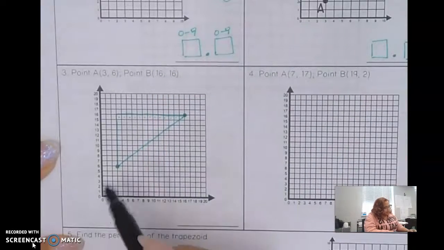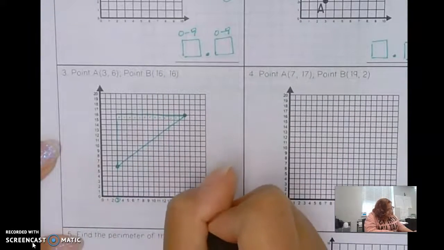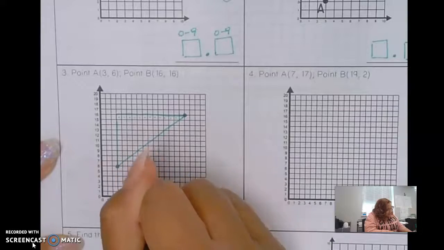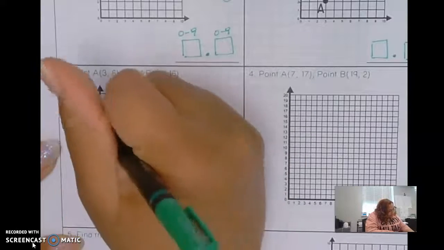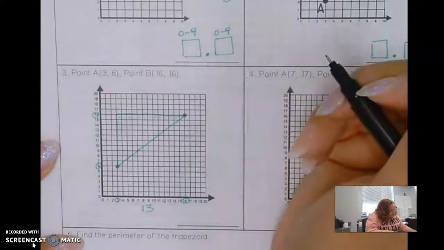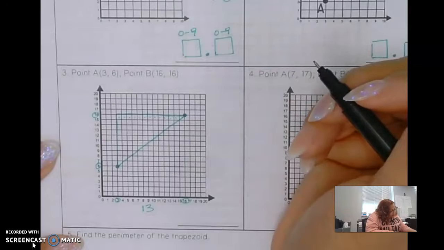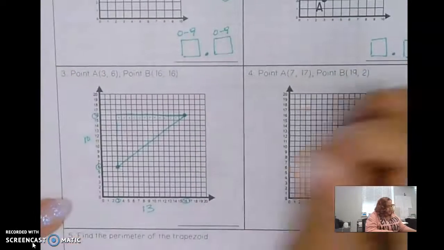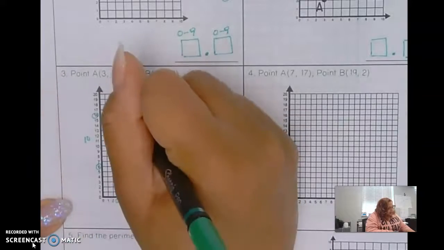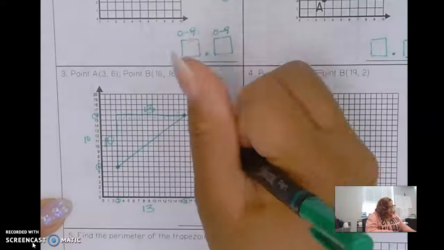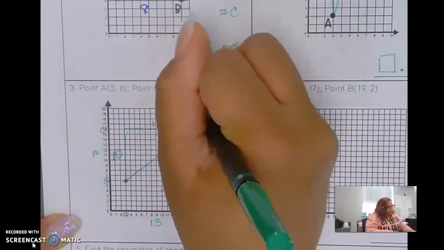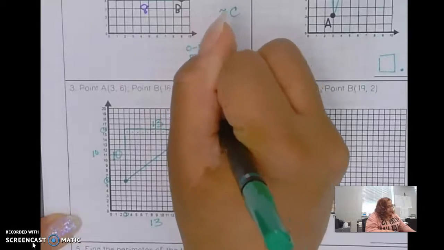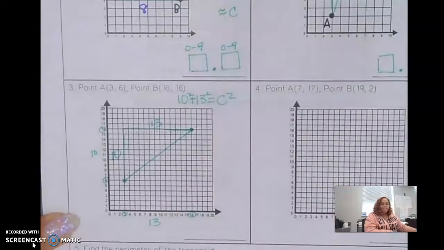Or I know that from 3 to 16 is 13 units. And from 6 to 16 is also, nope, it's 10 units. Okay, so this is 10 and this is 13. So I'll do 10 squared plus 13 squared equals c squared.